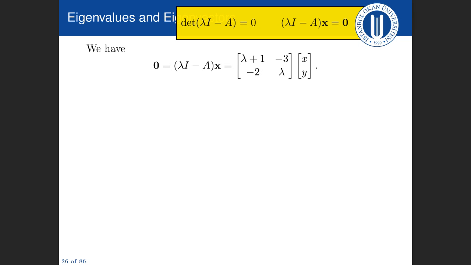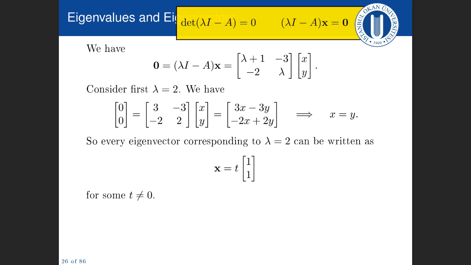An eigenspace is all of the vectors which solve lambda I minus A times x equal to 0. We want all of the vectors which satisfy this equation for each one of the eigenvalues. First, let's put in lambda equal to 2.